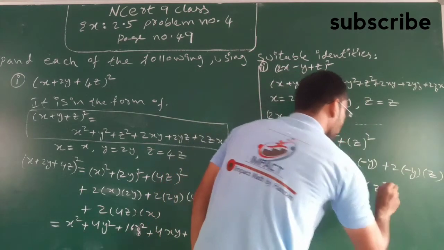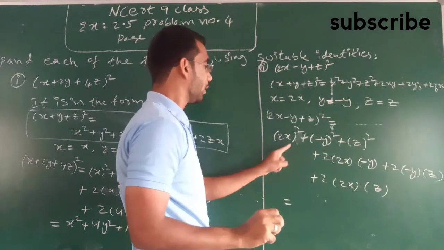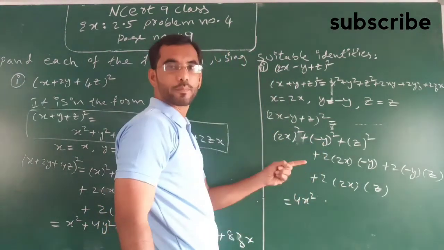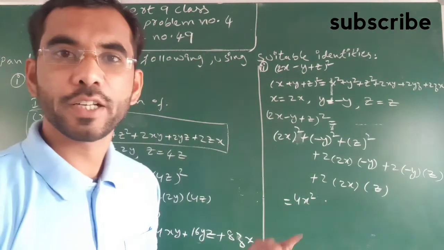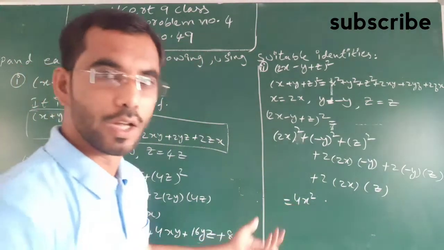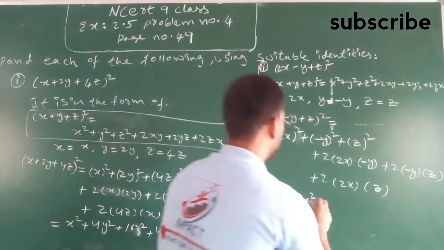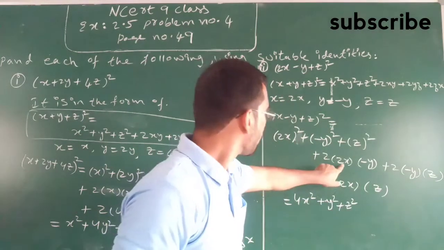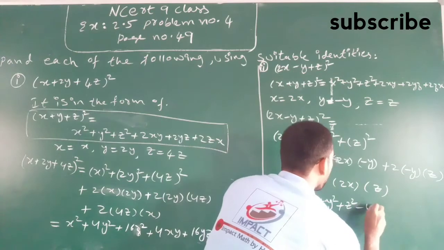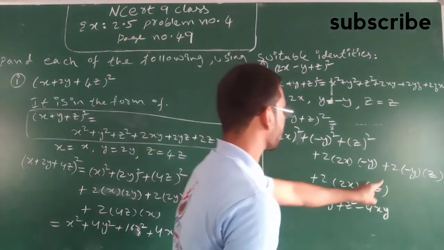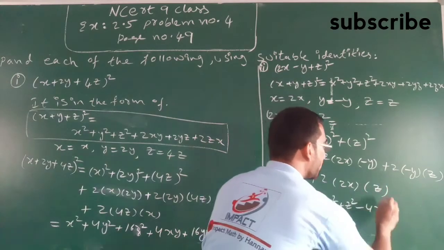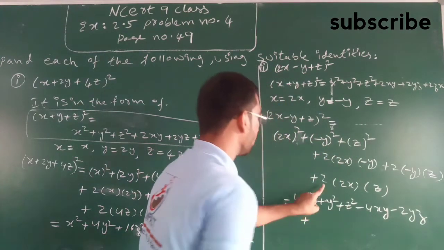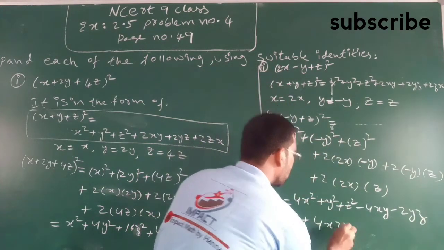Now put in the formula: 2x square is 4x square, minus y square, minus y into minus y, how much will it be? Plus y square, plus z square. Then 2 into 2x into minus y, plus into minus is minus, so minus 4xy. Then plus into minus is minus, so minus 2yz, then plus 2 into 2x into z, that is 4xz.